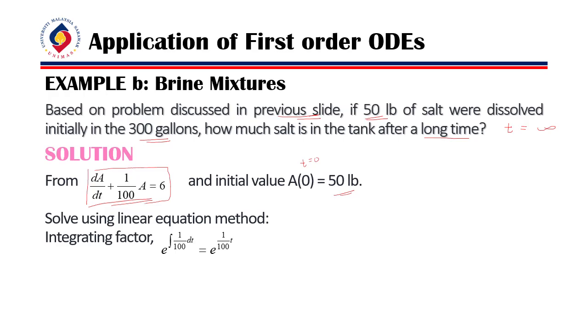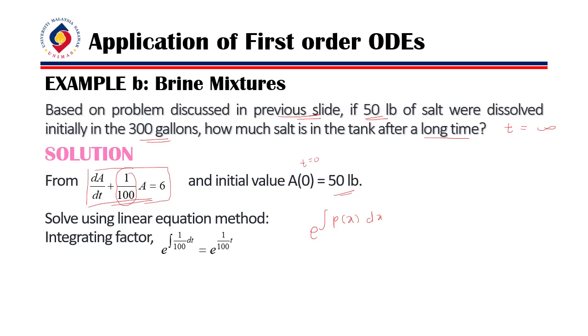I know this is a linear equation, so we have to use the linear equation method by multiplying by the integrating factor. Previously, if you remember, e to the integral of p dx. Here we consider this is our p of t, so our p here is 1 over 100 dt.